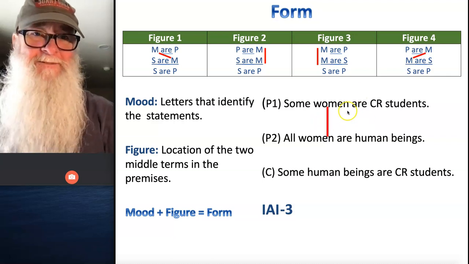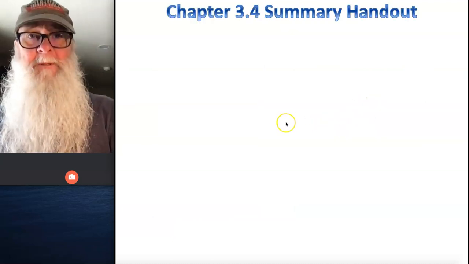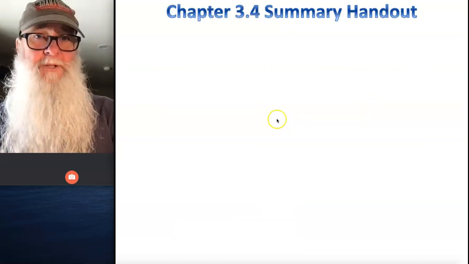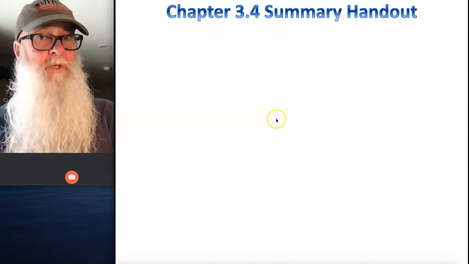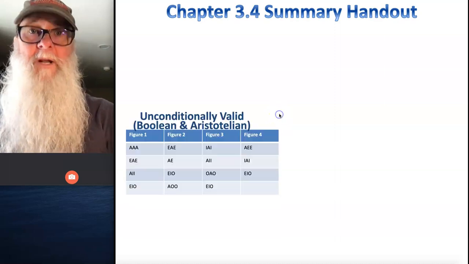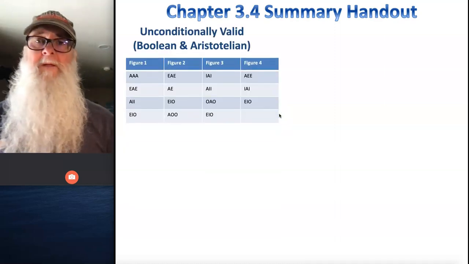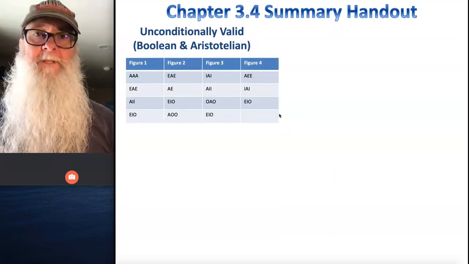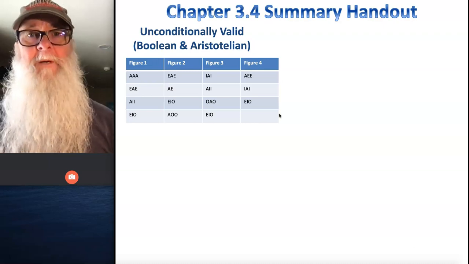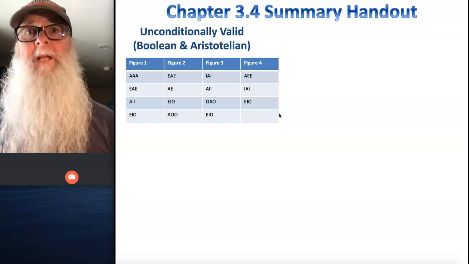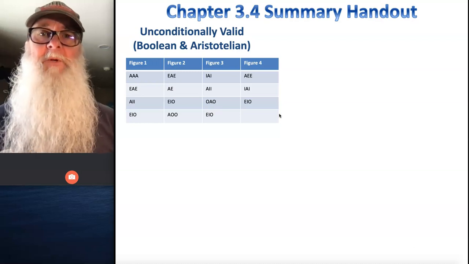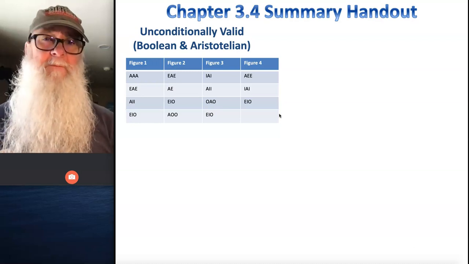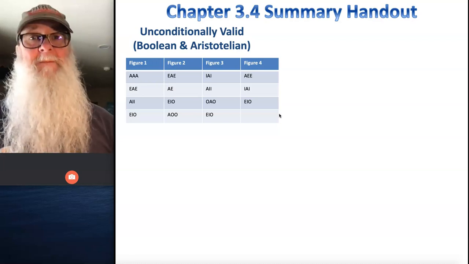How's this going to change your life? In chapter 3.4 of your course text and on your chapter 3.4 summary handout, there are some really useful charts. One of them is this one. This chart has a total of 15 valid forms of standard form categorical syllogisms, and all of these argument forms are valid from both the Aristotelian and the Boolean standpoint.